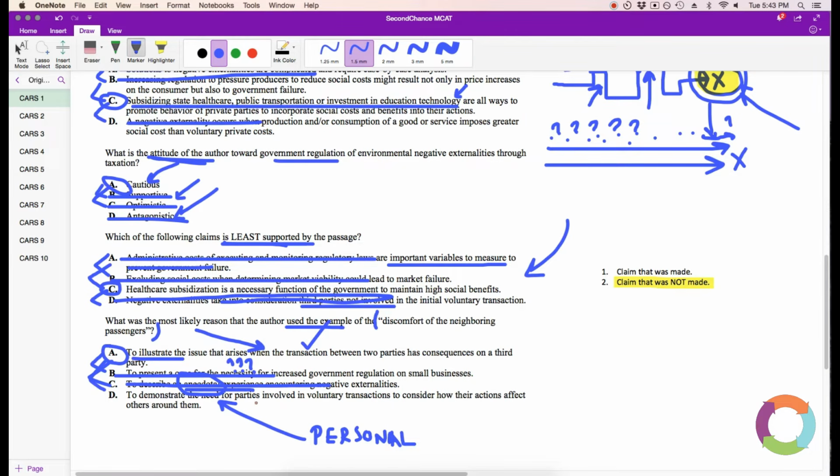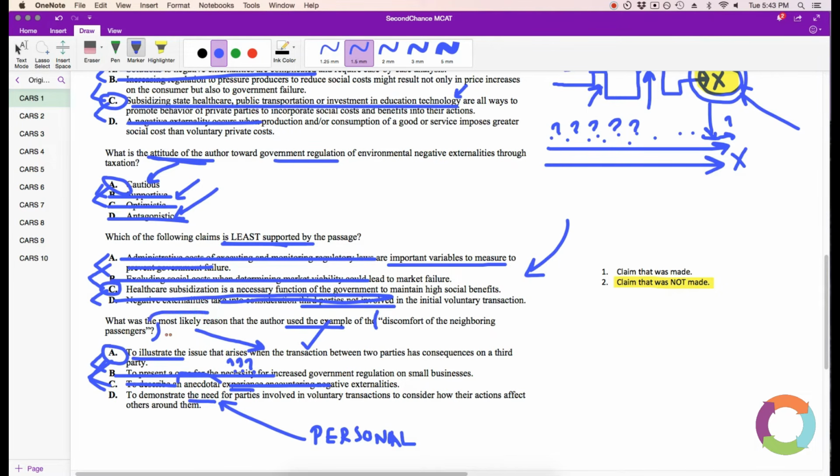And D says to demonstrate the need for parties involved in voluntary transactions to consider how their actions affect others around them. Now, this is also a clever answer choice. That might be the case for how you feel when you read it, like if you felt that need when you read the passage, that's one thing.